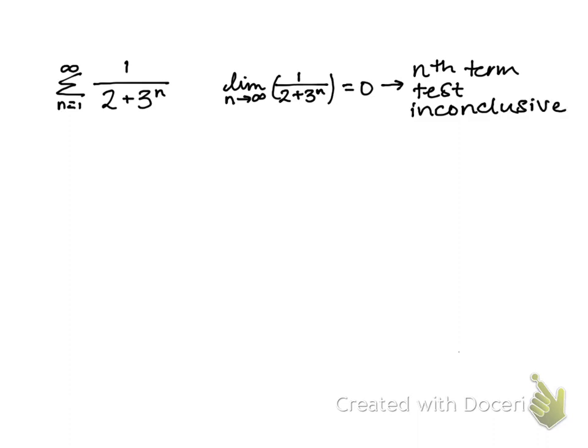So now I am going to use a comparison test. Now, this looks a lot like 1 over 3 to the n. Well, and I know that 1 over 3 to the n, well, that's the same thing as 1/3 to the n, right?